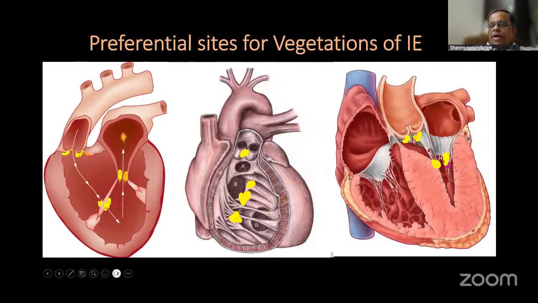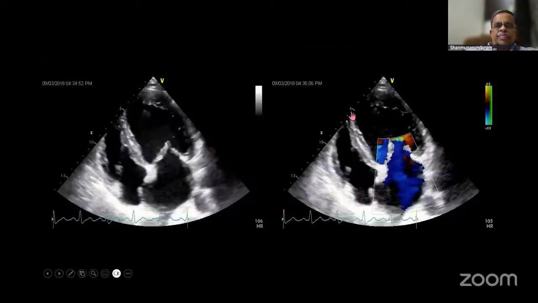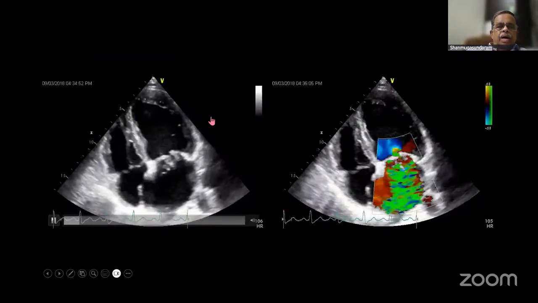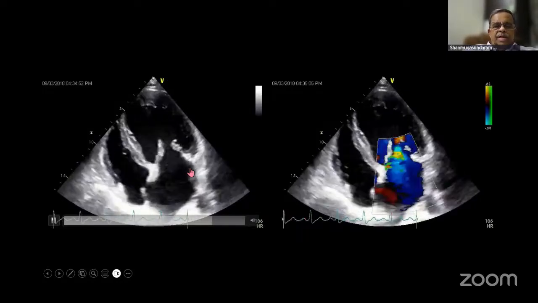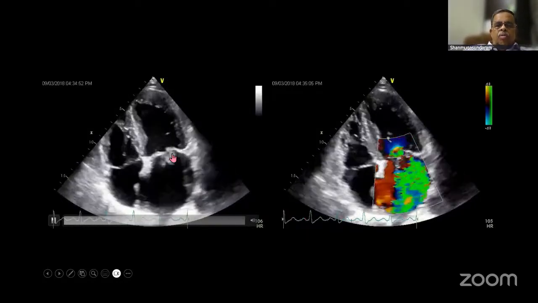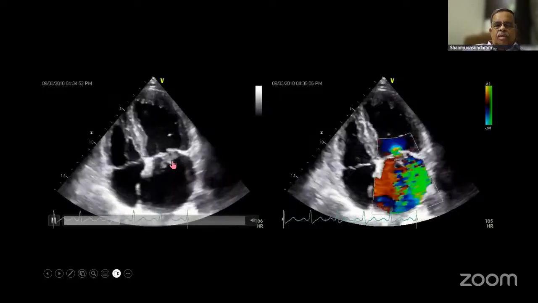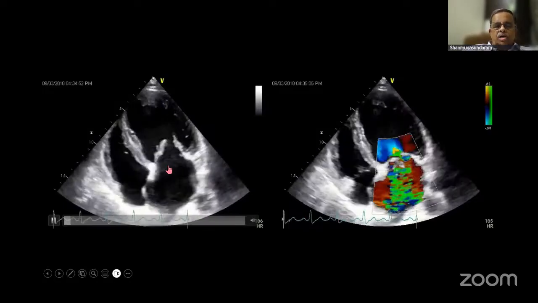In hypertrophic cardiomyopathy, the aortic valve, the septal endocardium, or the mitral valve are the usual sites of vegetations. Look at this example where both the leaflets of the mitral valve contain some oscillating masses.